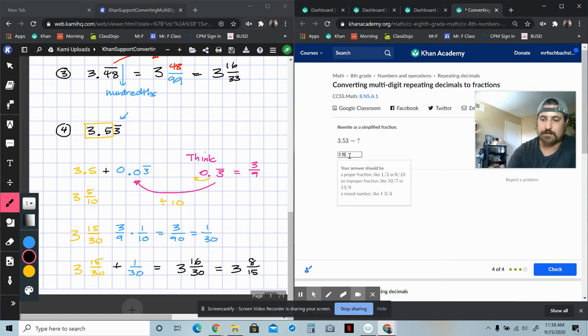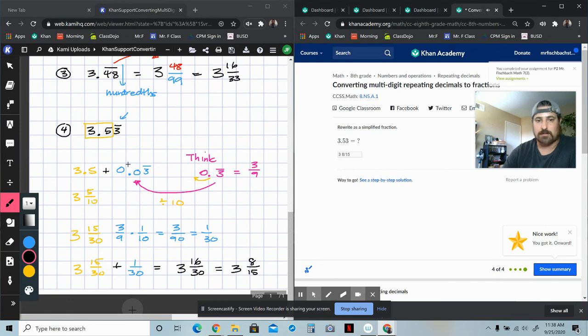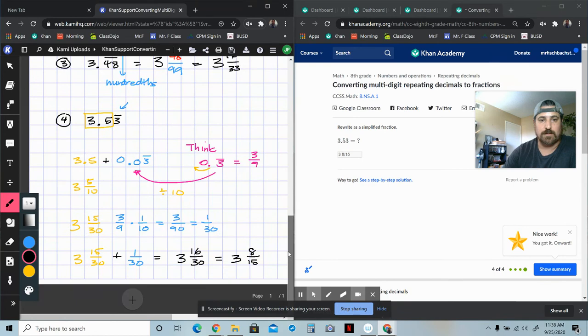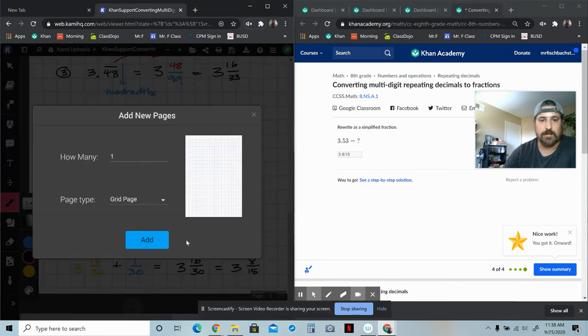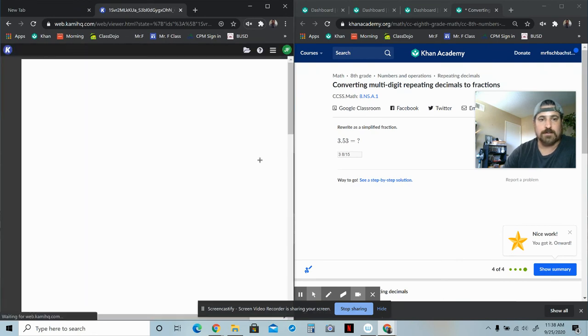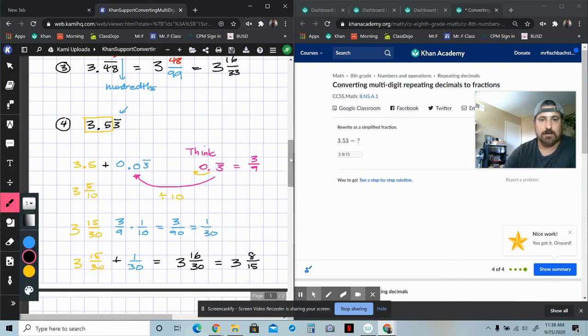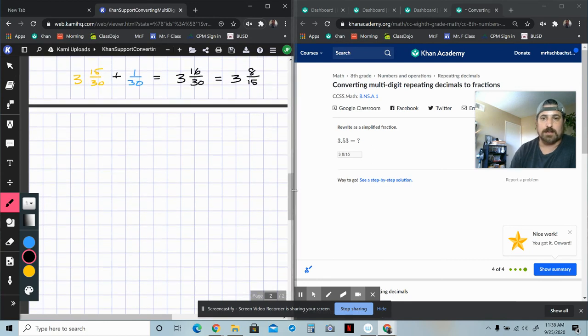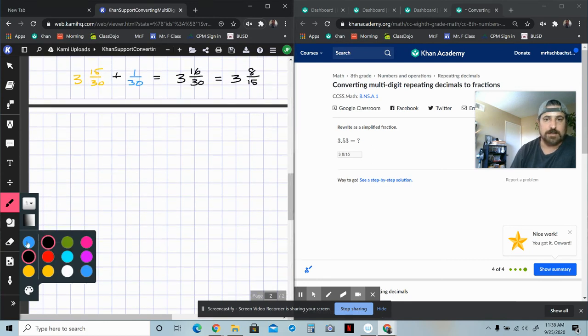So if I was to use the Kahn method, let me add a page here. The Kahn method for this problem, in case you guys were curious how it would work out algebraically, is going to be basically to say, all right, I've got this 3.53 with the 3 repeating, and I don't need to worry about the 3, right?